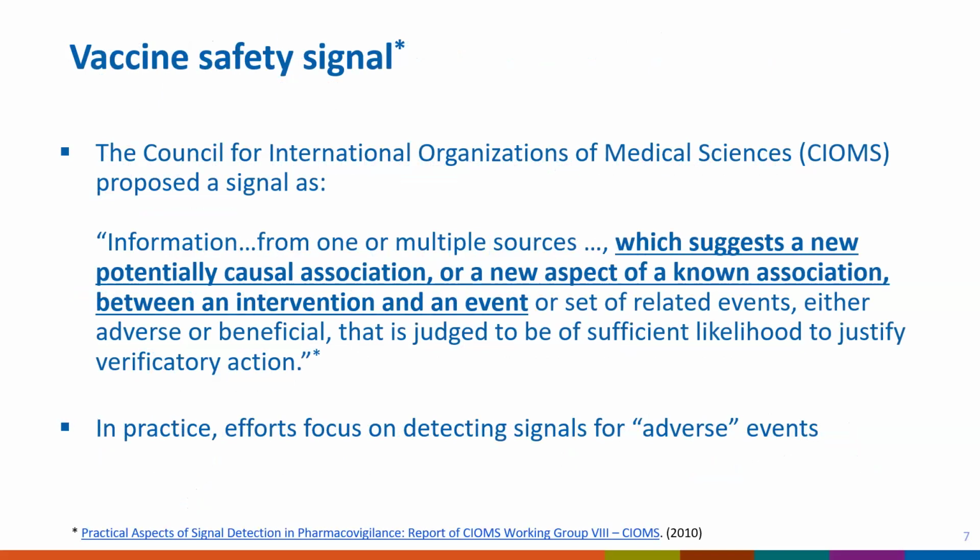So the Council for International Organizations of Medical Sciences defined a signal as information from one or more sources which suggest a new potentially causal association or a new aspect of a known association between an intervention and an event or set of related events, either adverse or beneficial, that is judged to be of sufficient likelihood to justify a verificatory action. And so in practice, efforts focus on detecting signals for adverse events.